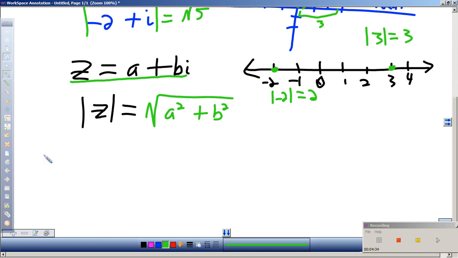Now, writing these in polar form. What do you think the radius is going to be? Okay, the square root of a squared plus b squared. So follow the same rule with that. What would x be?